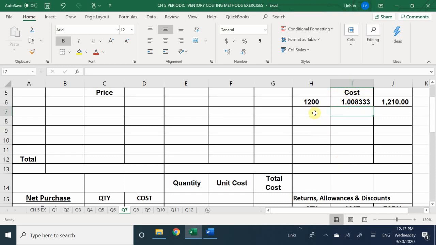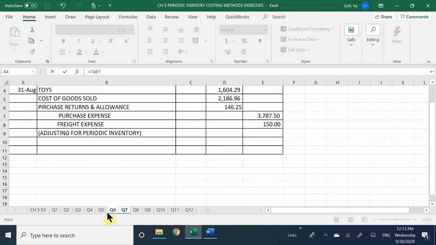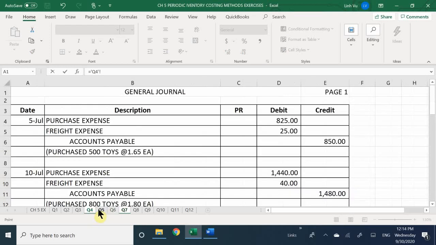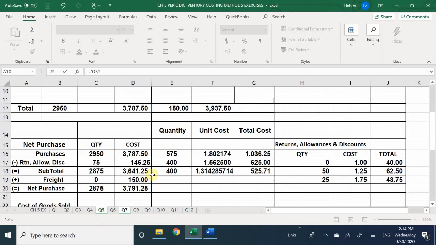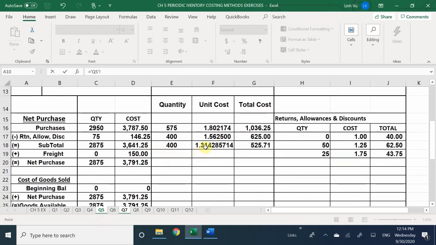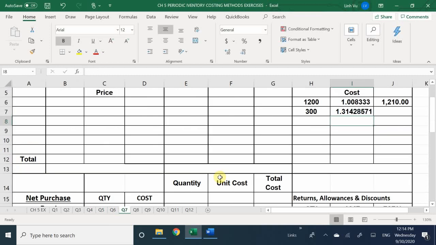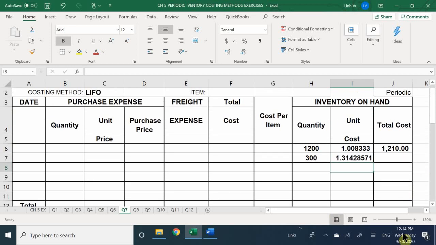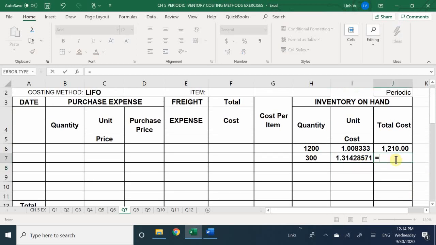Okay. And then we had a remaining of the 300 items, which we did actually solve for the cost per item. And in this case, we calculated a new cost per item, which should be this number right here. And we're also going to calculate the number here to give us this number.